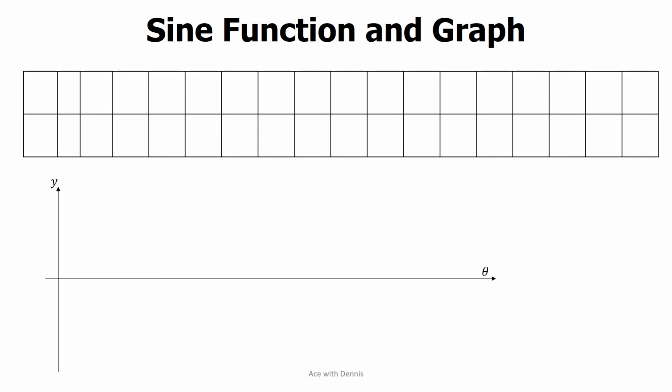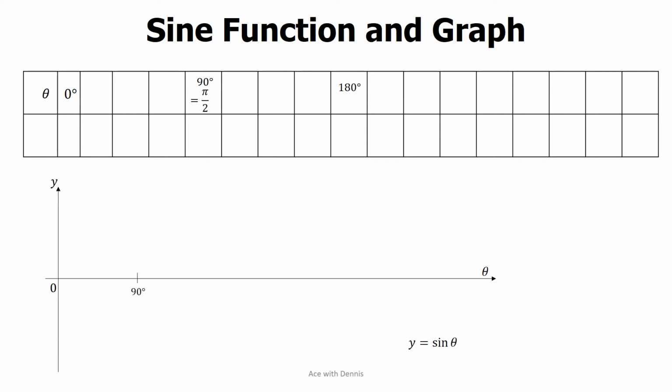The y-axis is y. The equation is y equals sine theta. So firstly, we start with the theta angle as 0, then move on to 90 degrees, which is pi over 2.